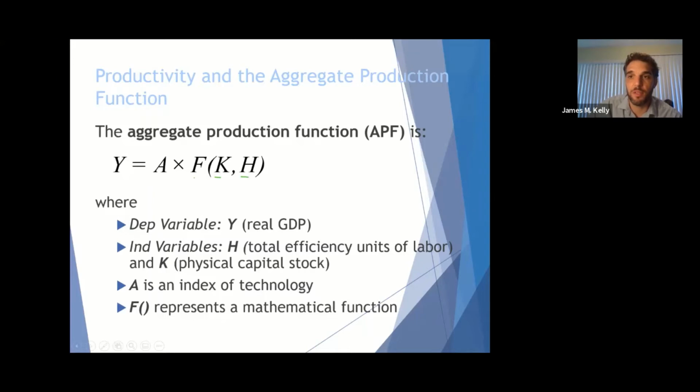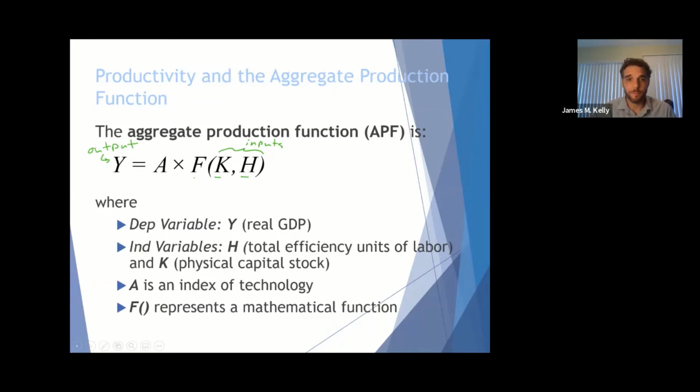A lot of times I'm just going to call it labor. But basically this production function just shows the relationship between these inputs and the resulting output, represented by real GDP.